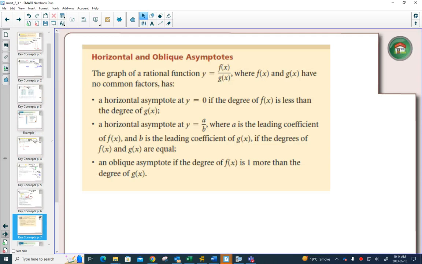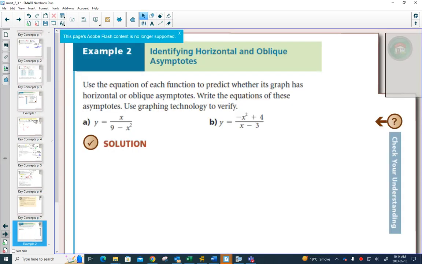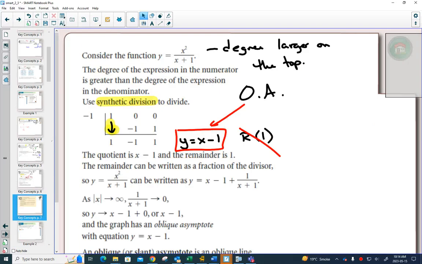Okay, so we have those three characteristics of diagonal or oblique asymptotes. And now we are going to go to example 1.